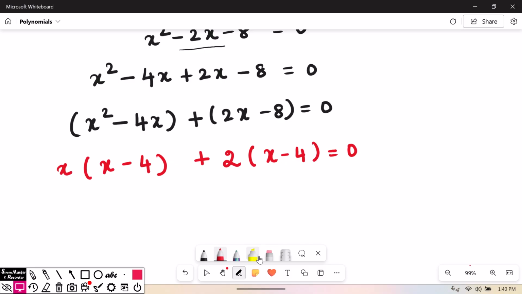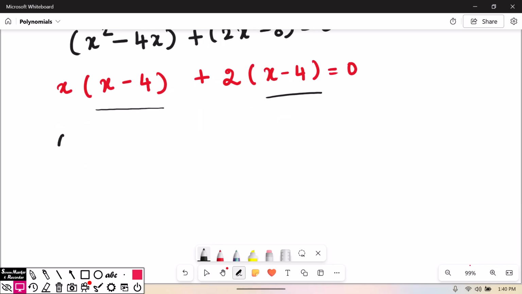Now in this entire expression, the common factor is x minus 4. I'll take it as common outside. So I get x minus 4, and what remains inside is x for the first term and plus 2 for the second term.